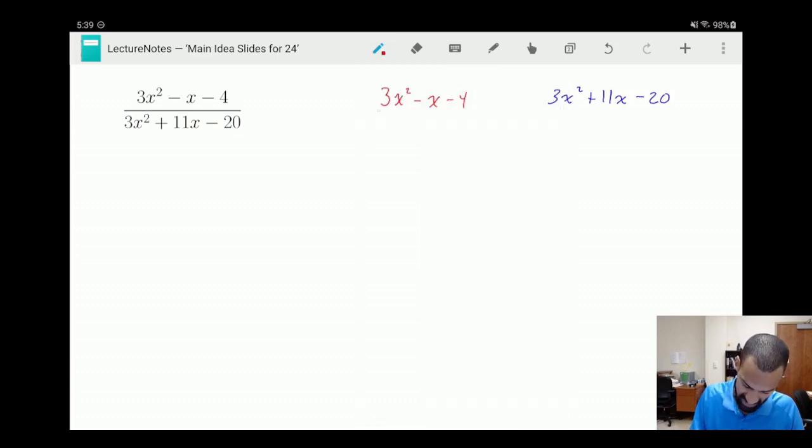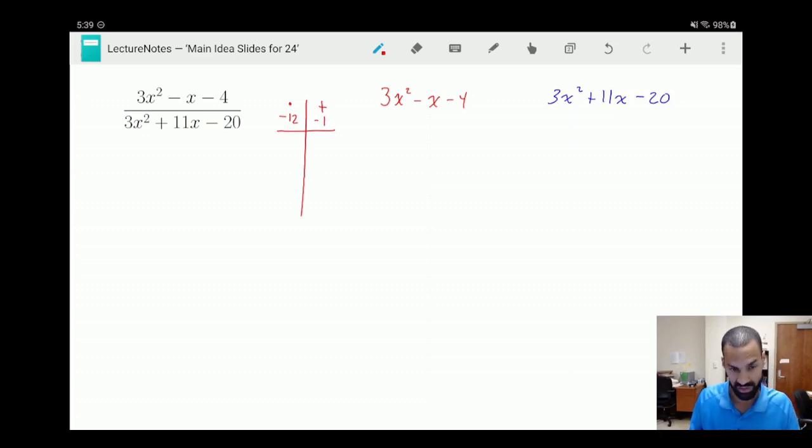In order to factor, let's do this rather quickly. We're going to use the AC method because we have something other than 1 in front of that x squared. We're going to start off by multiplying 3 times negative 4. That will give me a negative 12. So I need two numbers that multiply together to be negative 12, but when I add those numbers together, they add up to the middle negative 1 here.